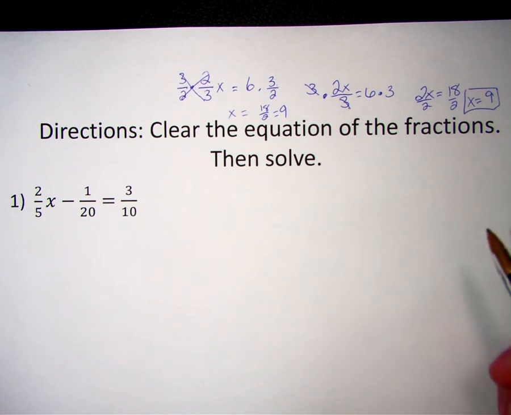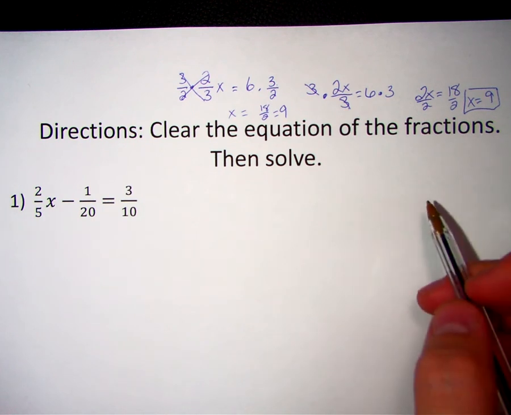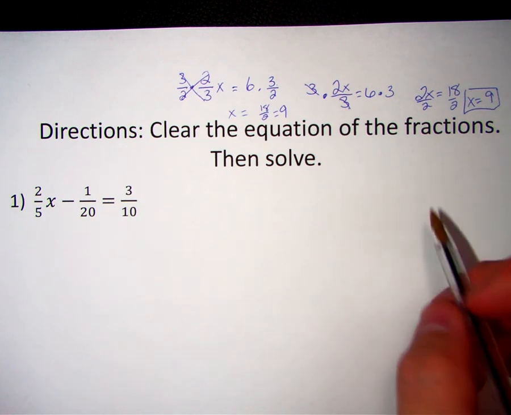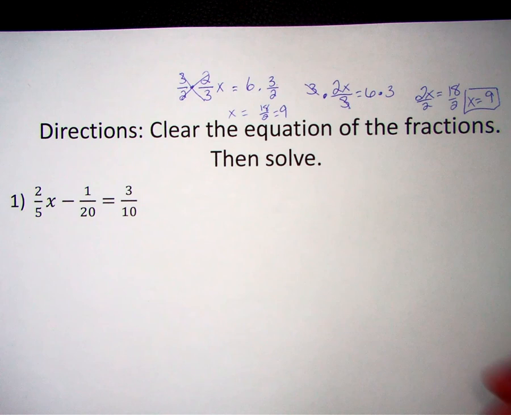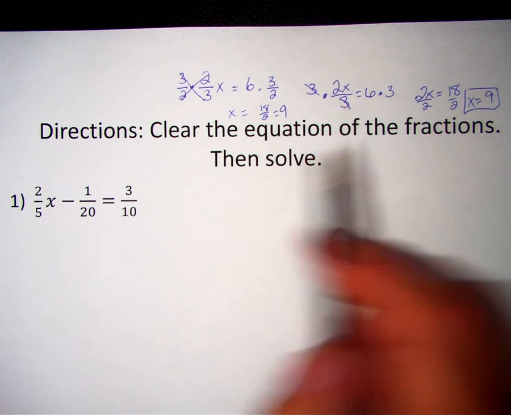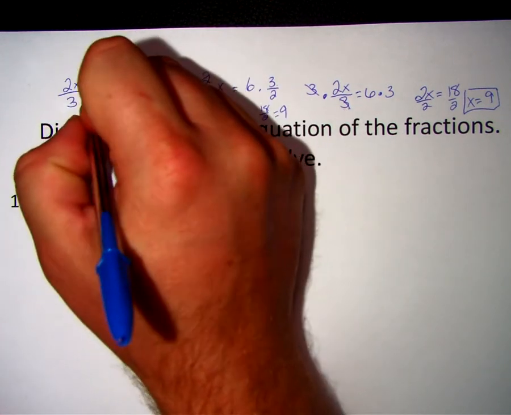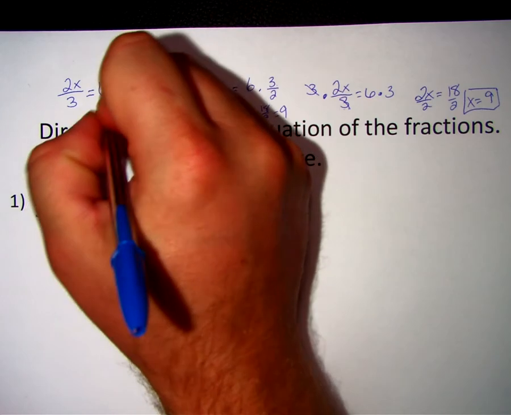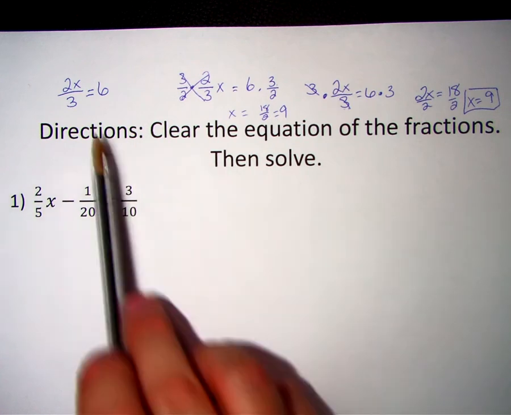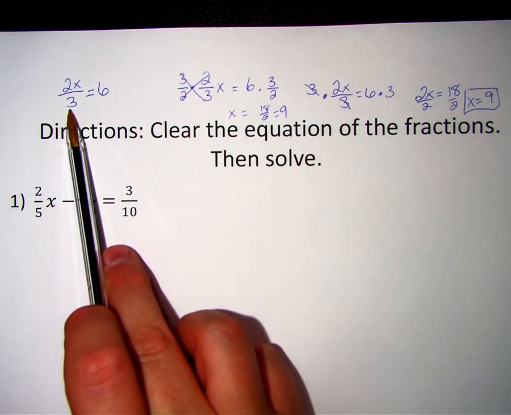Now, the nice thing about this eliminating of the denominator, it doesn't matter what we multiply by as long as we multiply by a multiple of that denominator. So let's look at the exact same problem. 2x/3 equals 6. Well, 3 is the lowest value that I can multiply by that will cancel out the 3.